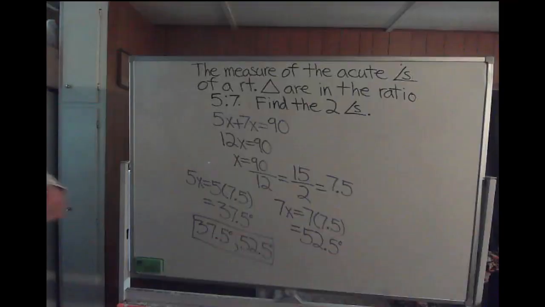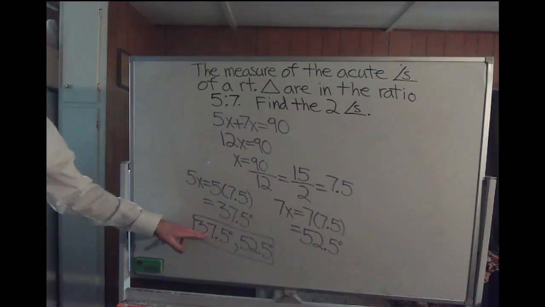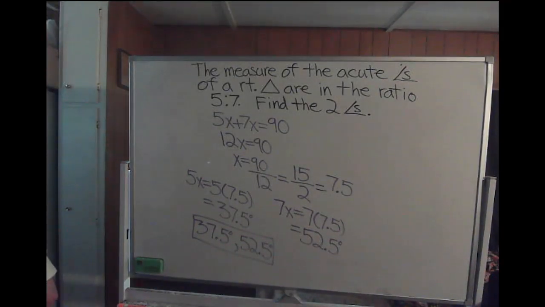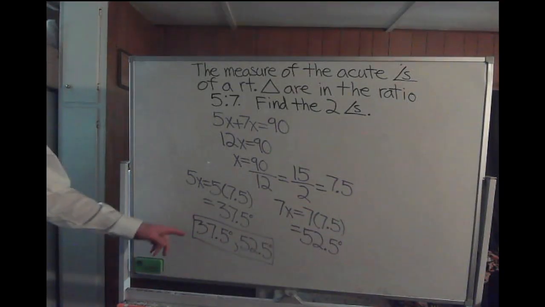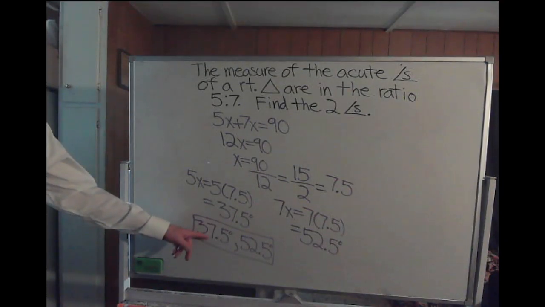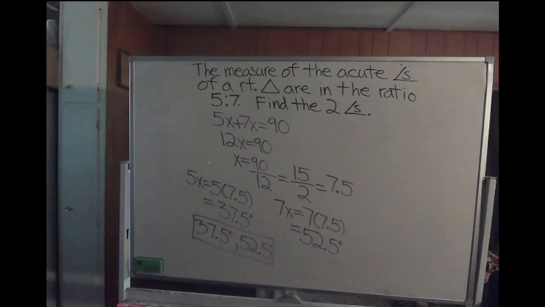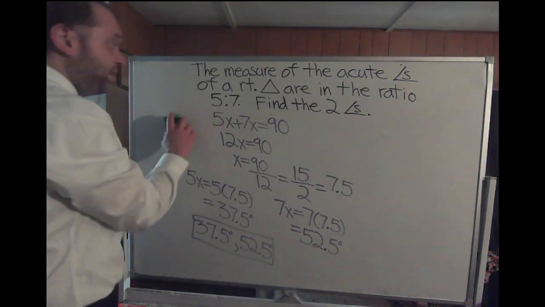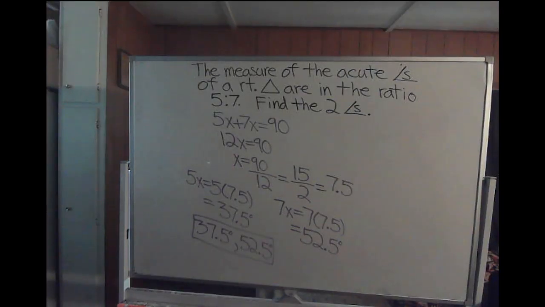And I guarantee you, if you take 37.5 and 52.5, you'll actually come up with 90. And then if you set them in a ratio to each other, you would in fact get 5 to 7. So that was a good problem bringing in a past theorem. I got two more problems, then we're done.